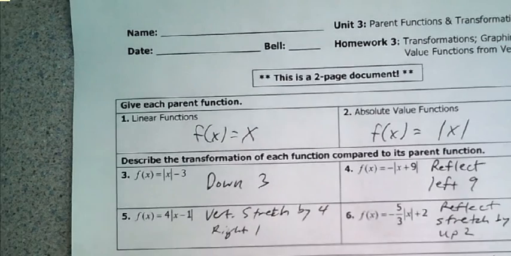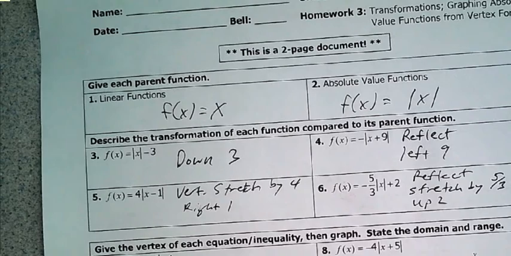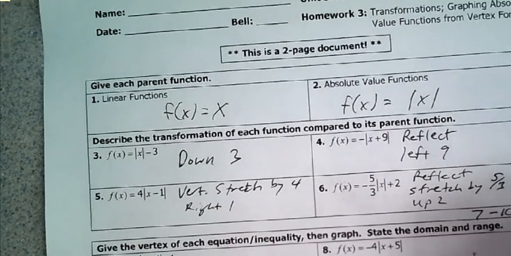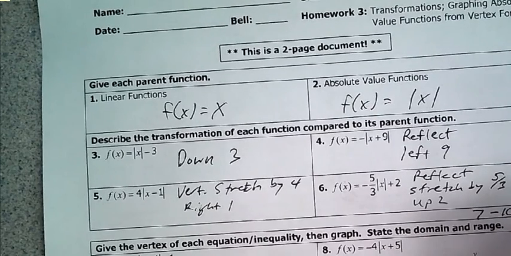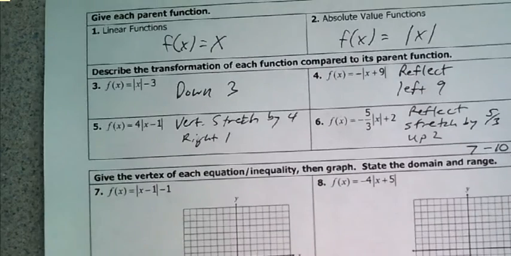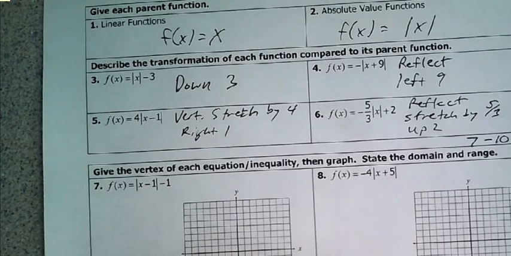Now, we're going to do some practice, and we're going to take a look at number 7 through 10 on the front, and then 13 through 16 on the back. This is so easy what we're about to do. You are not going to graph anything right now.